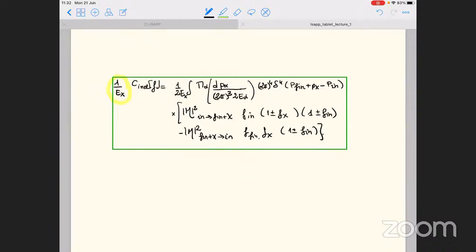If I write this collision term, I have to take into account all possible inelastic scattering interactions, both going from a certain initial state to the production of dark matter, or from an initial state that includes dark matter to a final state, okay?